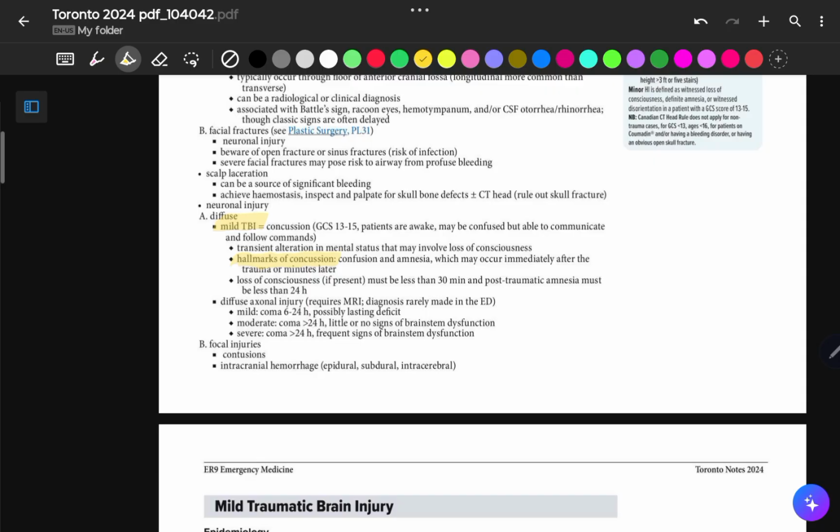And post-traumatic amnesia must be less than 24 hours. If they have any amnesia, it lasts for less than 24 hours. After 24 hours, they're fine.